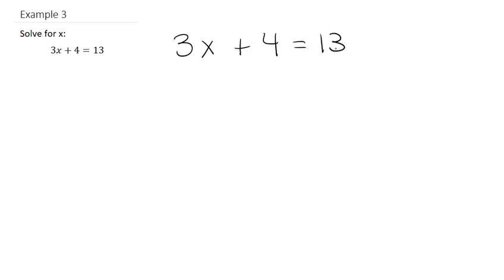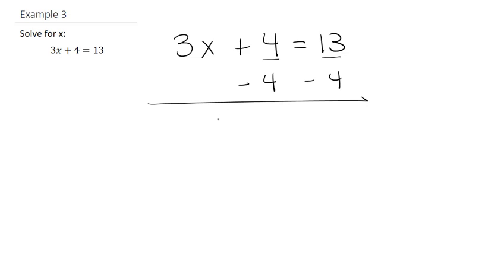Now, when solving, remember we work backwards. So we're going to add and subtract first before we multiply or divide. So the first thing we do is we see that this is just a number and this is just a number. So we can go ahead and subtract this 4, because whatever we do to one side, we do to the other, to get rid of it on the left-hand side.